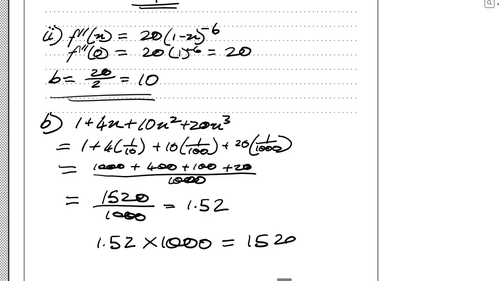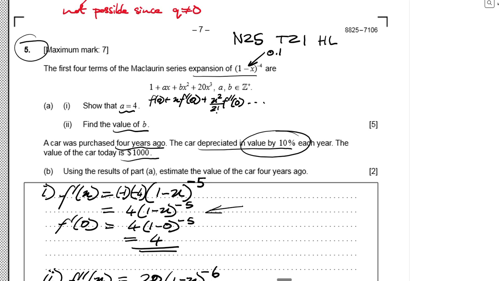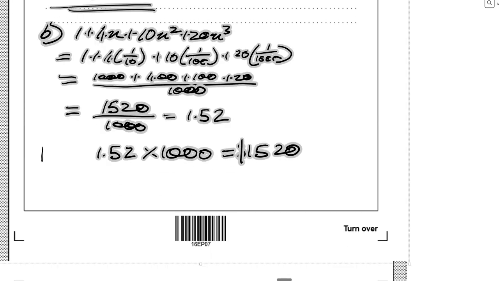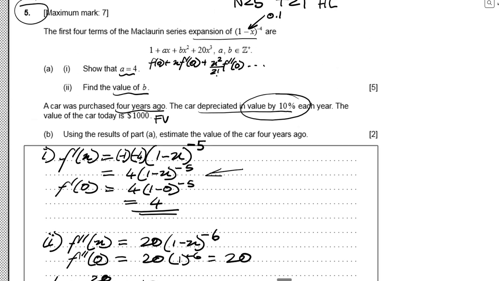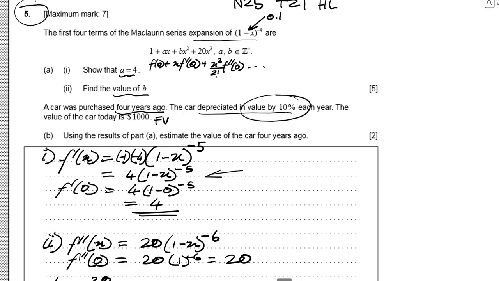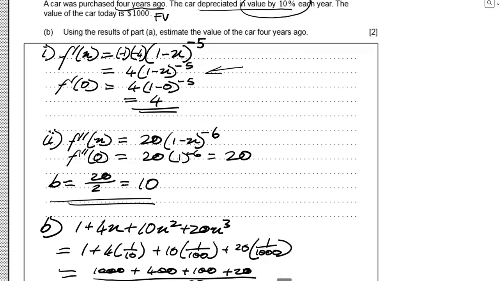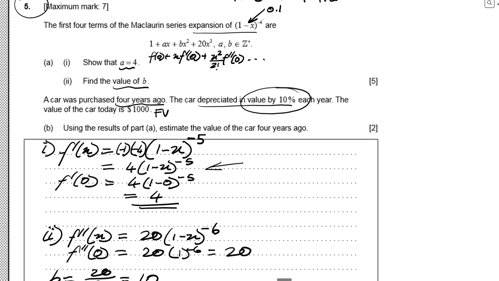So our value today is, this is our current value or future value, and our principal value is equal to 1520 because we had a depreciation by 10% each year. And so hopefully that made sense, and that's good, right? And this is our year number -4.